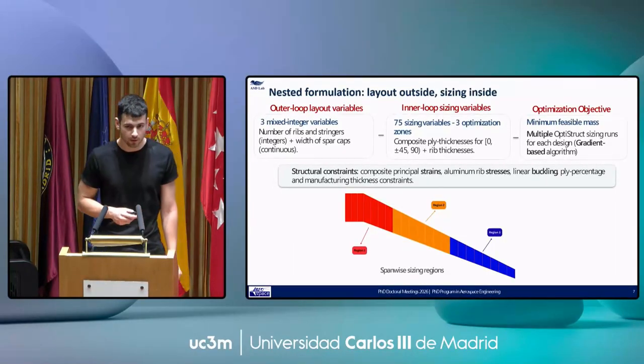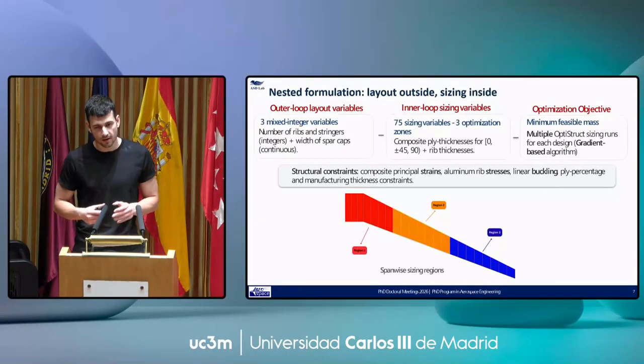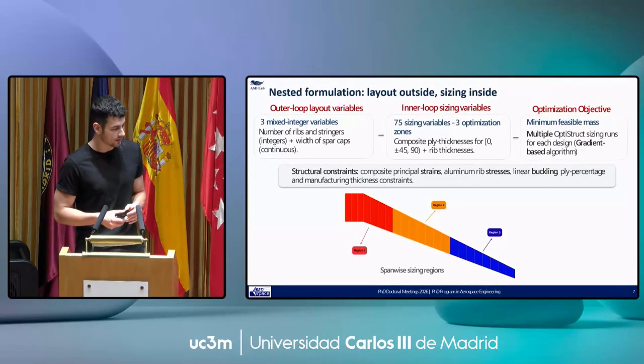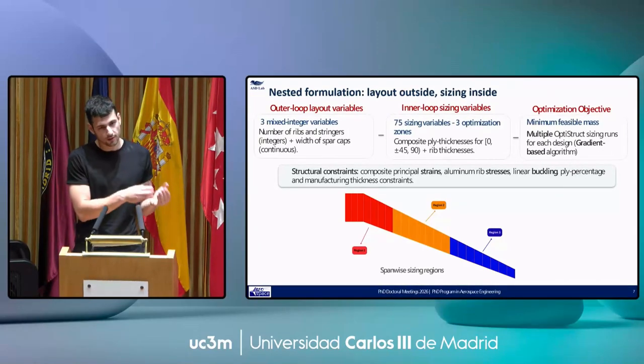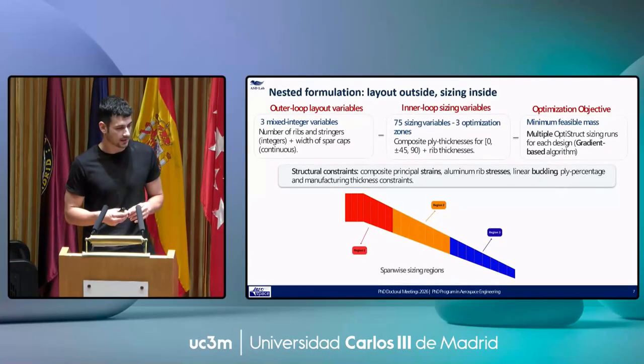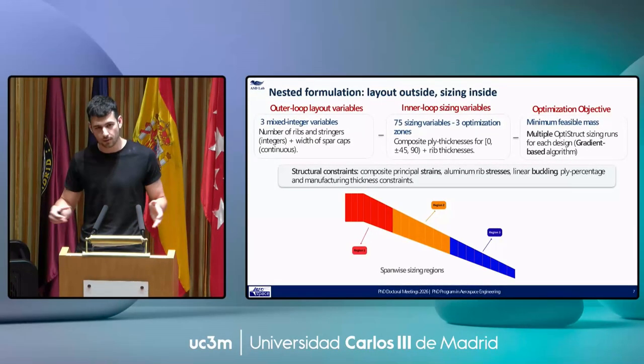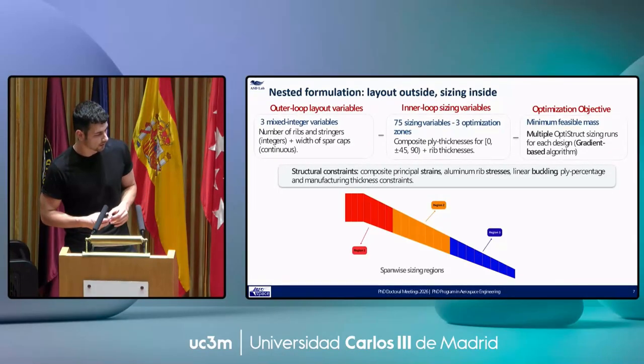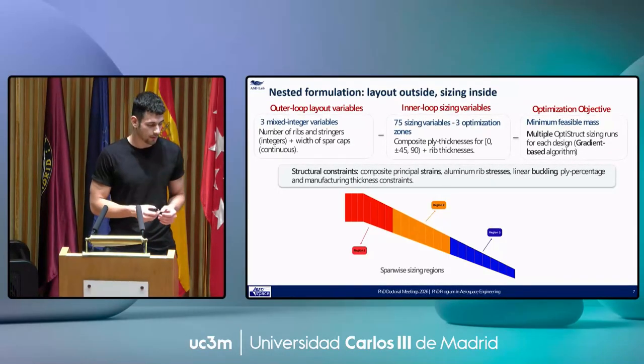Regarding the nested formulation, basically we have an outer loop for the layout variables that are 3 in this case: the number of ribs, the number of stringers, and the width of the spar caps. And for every outer loop, we run an inner loop sizing optimization that has a total of 75 variables for the 3 optimization zones that we split the wing into, that are mainly composite ply thicknesses and also some rib thicknesses.